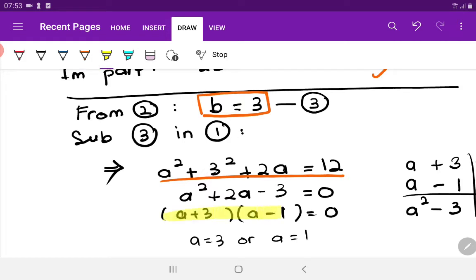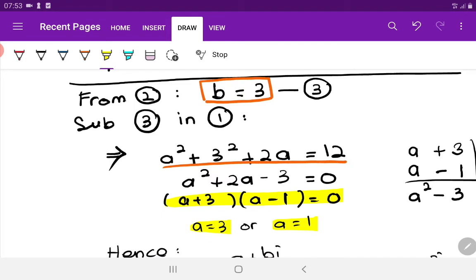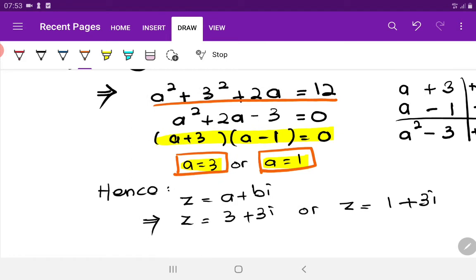Next, we can factorize and get the values of A. Since we have one value of B and two values of A, meaning that we can have two answers for complex number Z. Remember, Z is A plus BI. So, we substitute A, and the B remains unchanged, 3. So, these are the answers for part A.